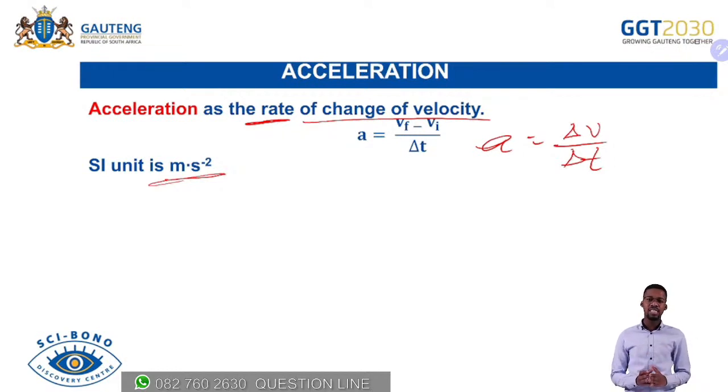It's easy to commit, but we can avoid it. So when you express acceleration, you must put the correct units, meters per second squared.